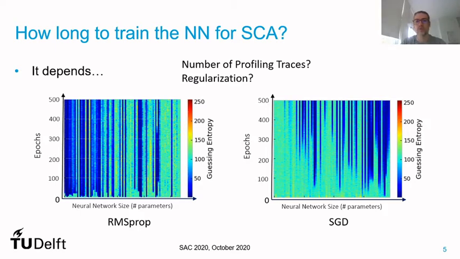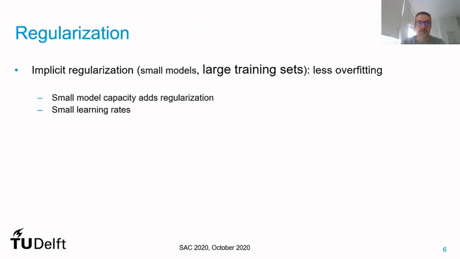Besides that, we also have other quantities to analyze, such as the number of profiling traces, and whether or not we are using regularization. All these elements also affect the training capacity of the network. Regularization is not the main topic of this paper, but it's important to know the types of regularization and when we need it, to understand whether the optimizer requires regularization.